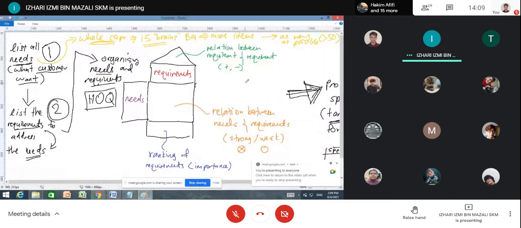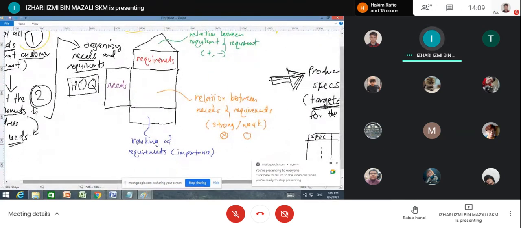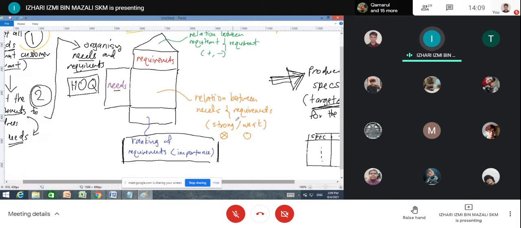Okay, and then from here, you rank your requirements. Here you need to do some calculation. To do this one, you first need to define the importance of the needs. Once you define the importance of the needs, then based on this strong, weak, and so on, you have to give marks.